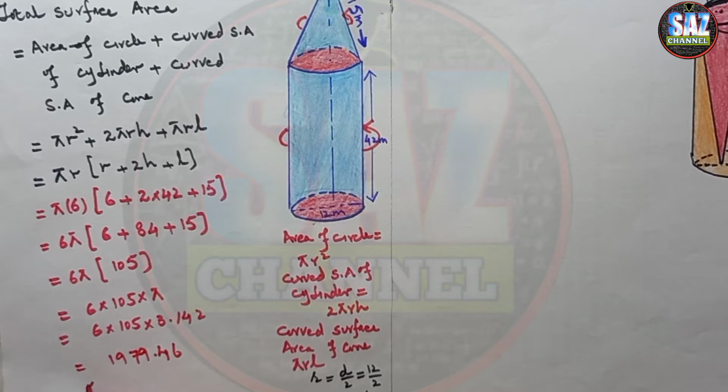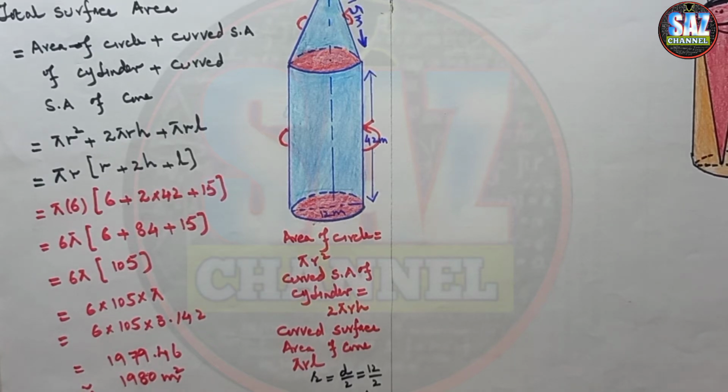As we have to give our answer to 3 significant figures, 1979 can be approximated as 1980, and the unit is meter square. I hope you are clear how we are finding the total surface area of this composite figure.